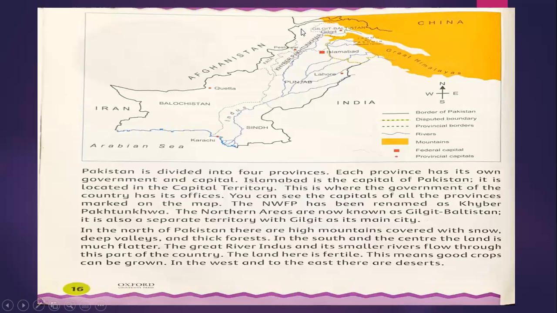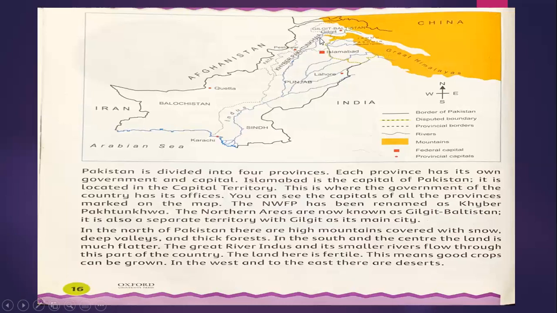And these northern areas, now it's also the 5th province of Pakistan, but in your book they mention only 4. This is Gilgit Baltistan, and Gilgit is its main city. The NWFP has been renamed as Khyber Pakhtunkhwa.